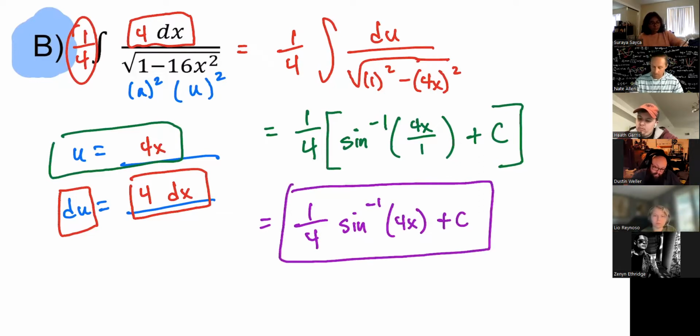Excellent. If you wanted to, instead of writing the 1/4 out in front, you could put this whole thing over 4, but then some people will start canceling. Don't do that. That's why I put parentheses around these, so you know that that angle, which, because it's the inverse, is actually my ratio, my y over my r for sine. I can't mess with that.